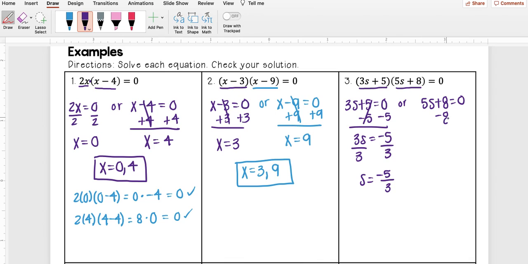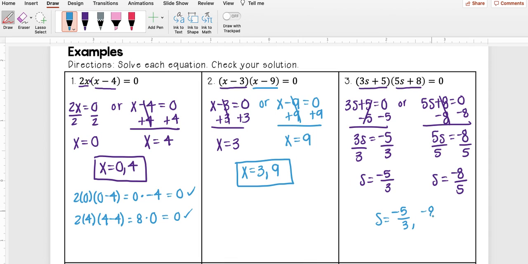Next one, I'm going to subtract 8 from both sides, and then divide by 5. So I get s is equal to negative 8/5. So here, my two answers will be s equals negative 5/3 or negative 8/5.